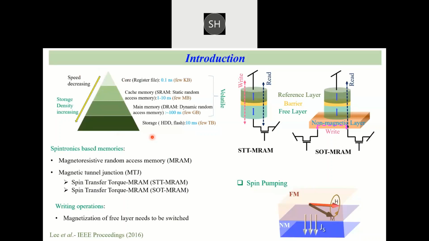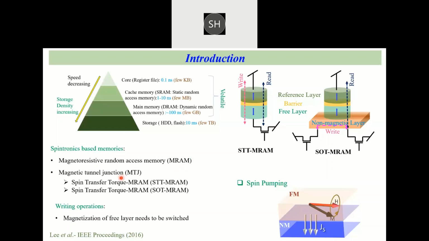If you see the current memory hierarchy of conventional memory devices, the two things that bother us are the volatile nature of the core memories and the speed gap between them. A spintronic-based memory such as magnetoresistive random access memory, or MRAM, being non-volatile and fast, can replace them.